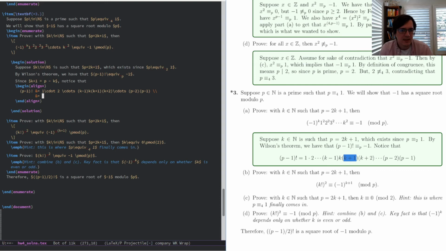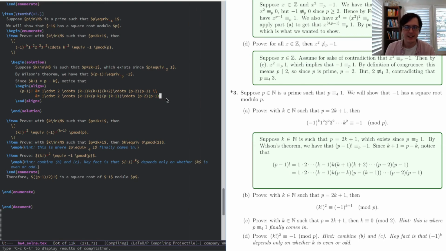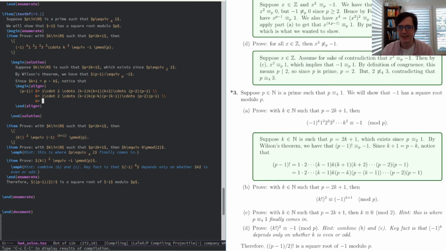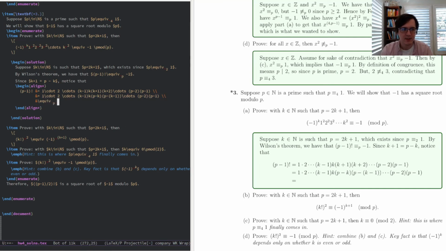So we can take this and turn that into p minus k minus 1, and so on. Oh yeah, this big gap is from this additional break at the end. So then, this is equivalent mod p to this.